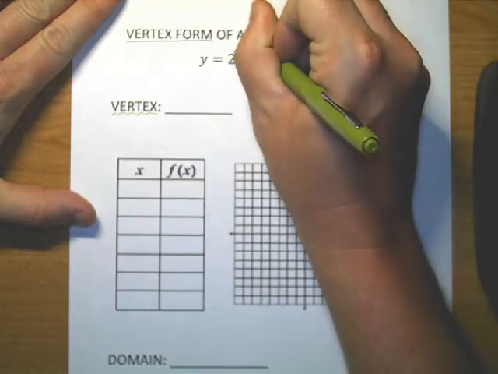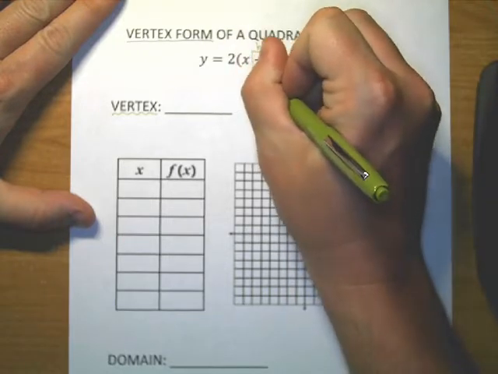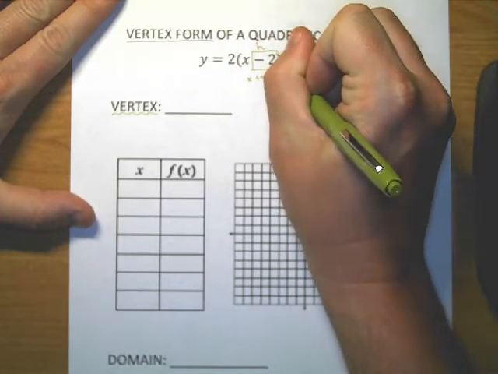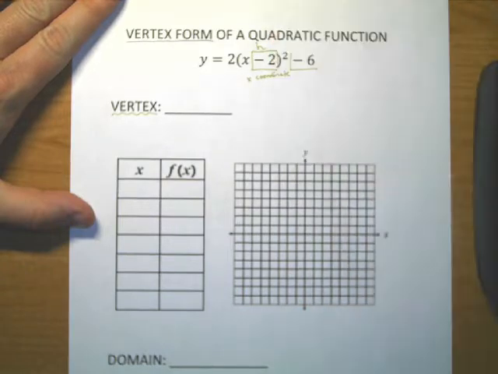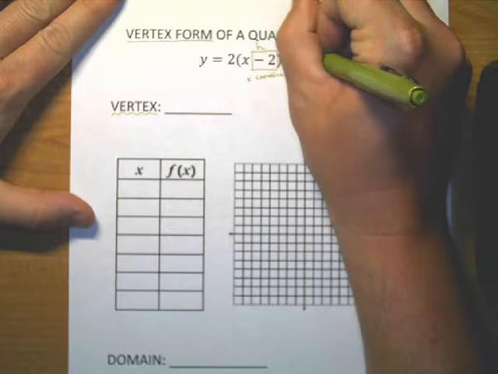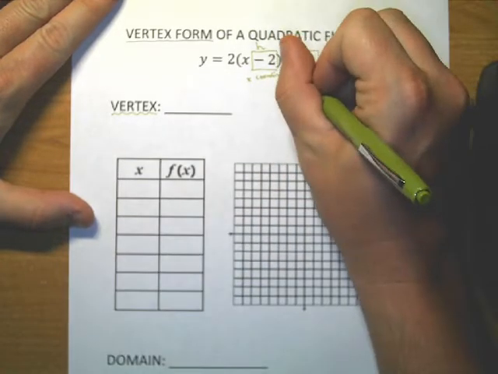is my H, also known as my X coordinate of my vertex. This guy right here is my K, also known as my Y coordinate.